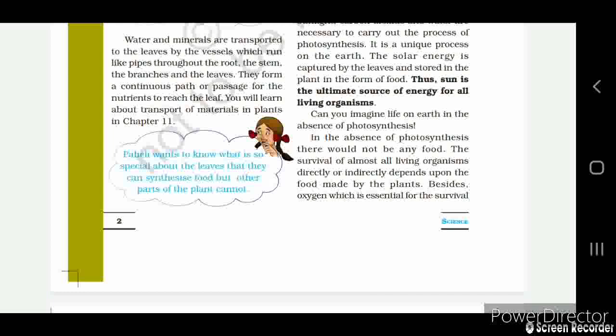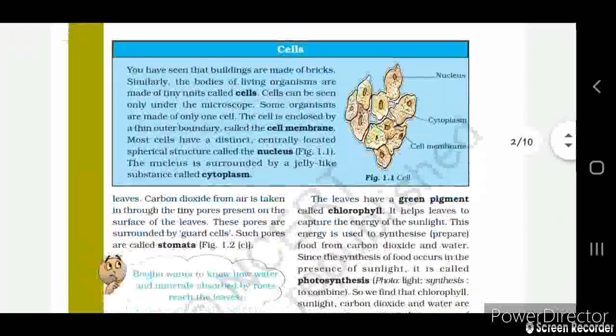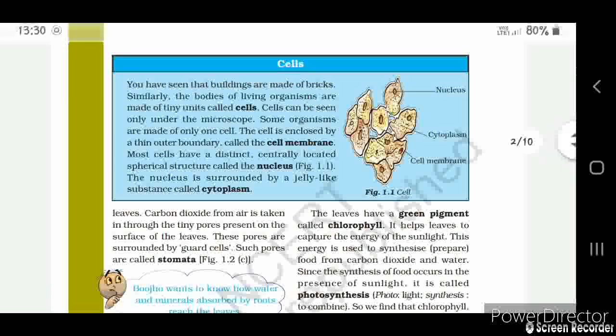They form a continuous path, a passage for the nutrition to reach the leaf. You will learn more about this in chapter 11, how the plant sends its food to the leaves and how it prepares it.